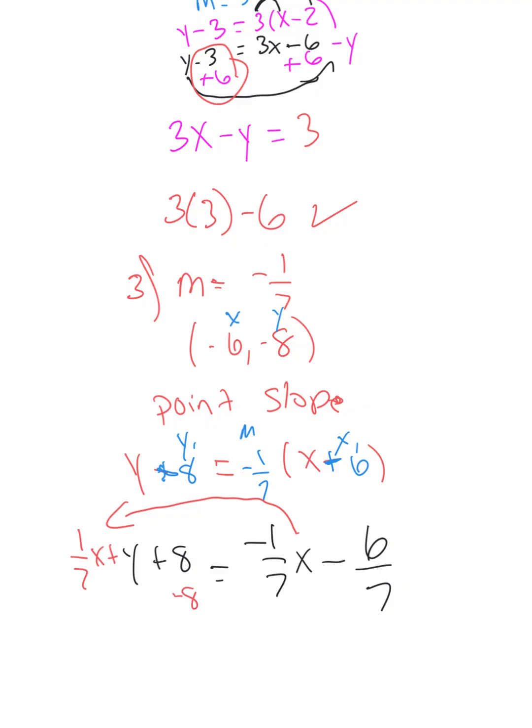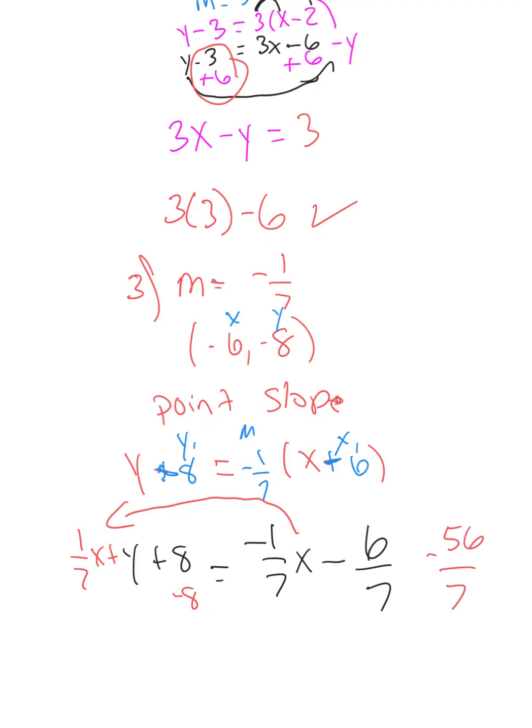And then the opposite of adding 8 is subtracting 8. Now when we subtract 8, we have to have a common denominator, or we use our handy dandy calculator. We do not use mixed numbers. Even though Get More Math may show you a mixed number if you ask to reveal, we're not using mixed numbers at all. So what is 8 times 7? 56. Yep. So that would be -56 over 7, which is the same thing as -8.